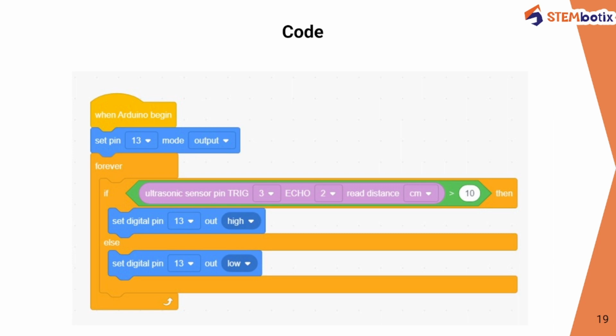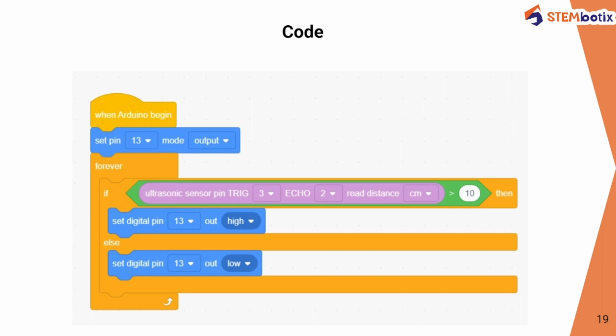Now, after adding the ultrasonic sensor and connecting the Arduino Uno board, it's time to do the coding. For coding, we are going to add a few blocks. First we need to add the Arduino Uno board.